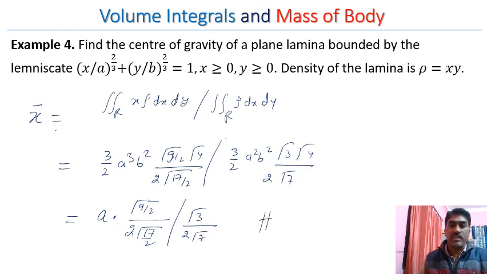Just simplify this gamma by the formula gamma n is equal to n minus 1 factorial, and for the rational parts I am writing here.